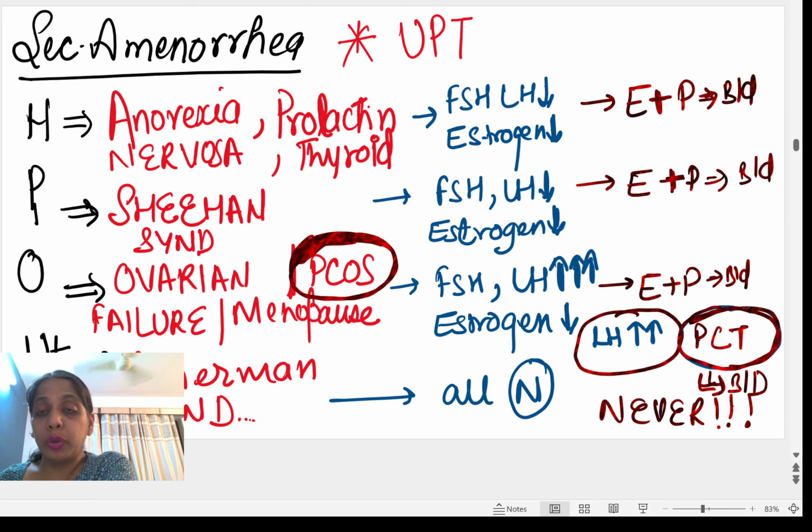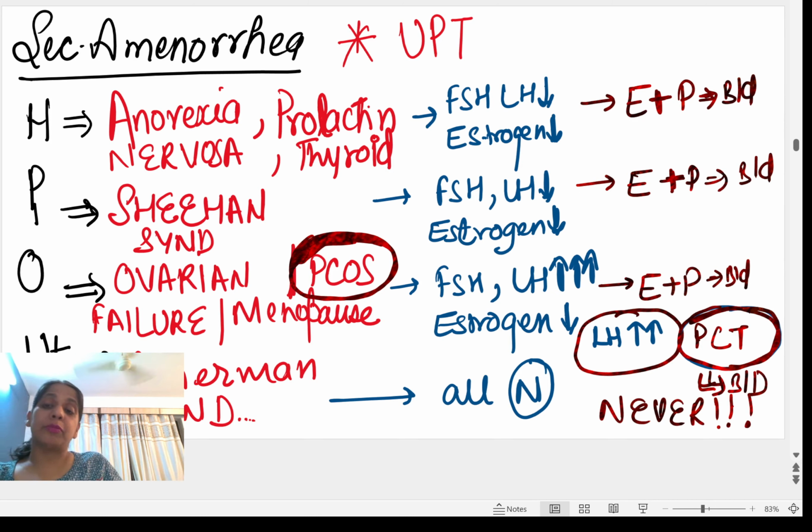Again we will see the HPO axis. What will happen when the hypothalamus fails? How can the hypothalamus fail? This time it will not be Kallmann, because Kallmann will not present with secondary amenorrhea. This time the reason for hypothalamic failure is anorexia nervosa. All those slim girls who exercise a lot and don't eat anything, their hypothalamus fails.